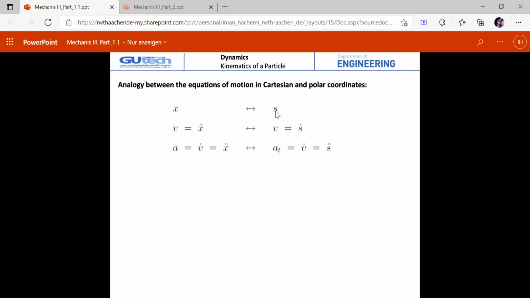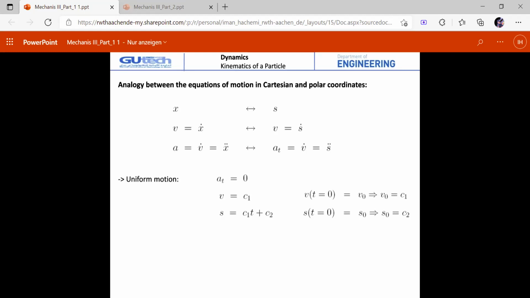The same here: we have s on the curved path, the velocity is the time derivative, and there is only the tangential part. But compared to the Cartesian system, in the polar coordinate system there is the tangential one, but there is also the normal one.